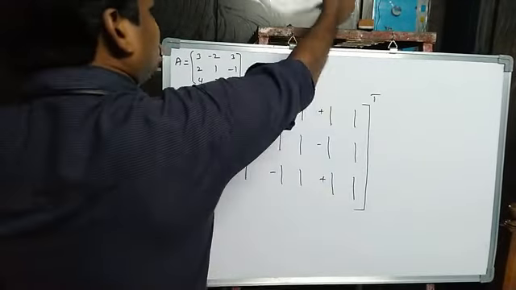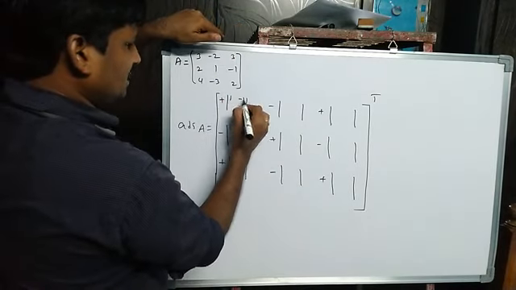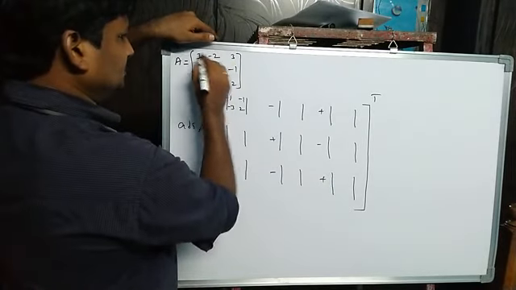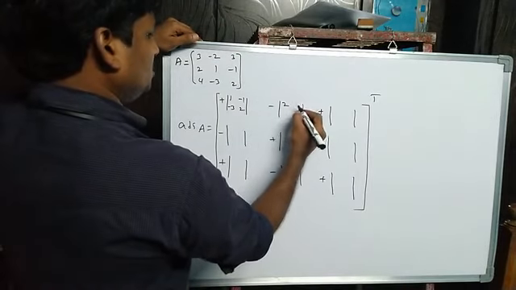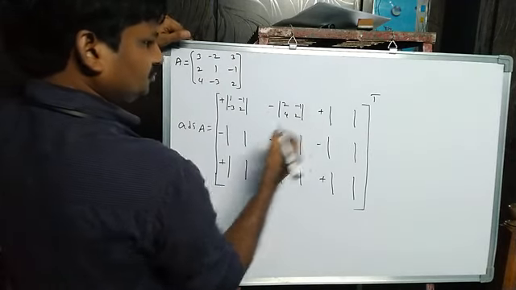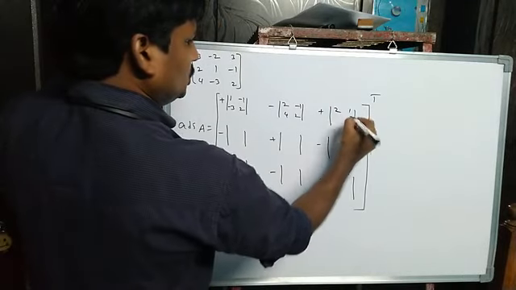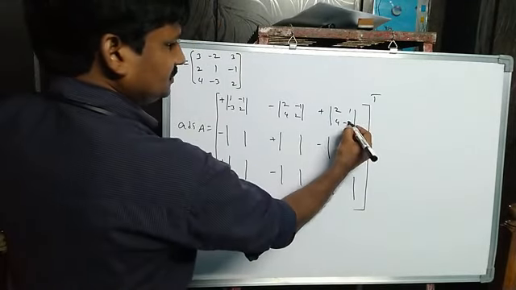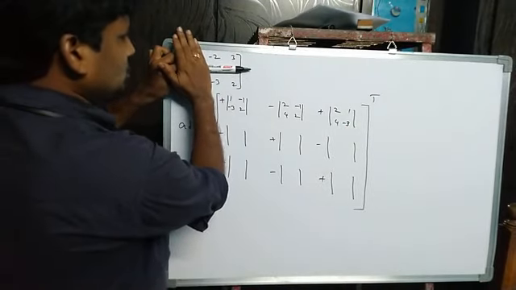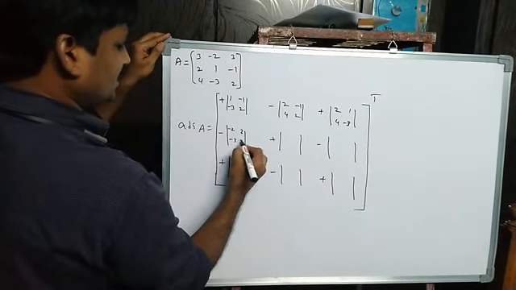First, for 3, what is that? 1, minus 1, minus 3, 2. Like this, right? Next, for minus 2: 2, minus 1, 4, 2. Right? Next, for 3: 2, 1, 4, minus 3. Next, for 2: minus 2, 3, minus 3, 2.